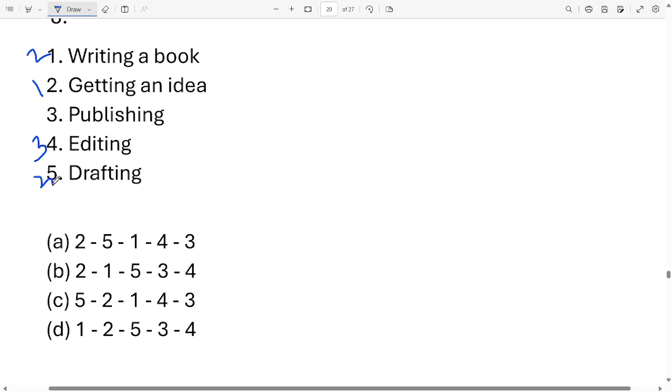It will be paired first this and this. So this will be 1, 2: getting an idea, writing a book, drafting it, and then editing it, and then publishing it.